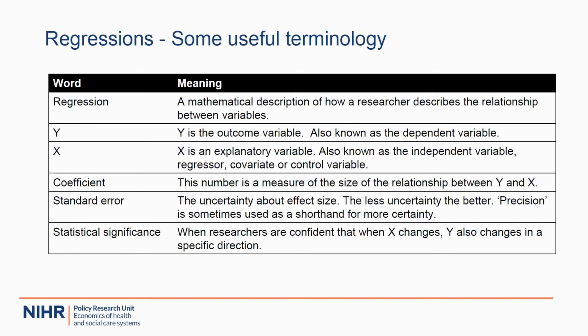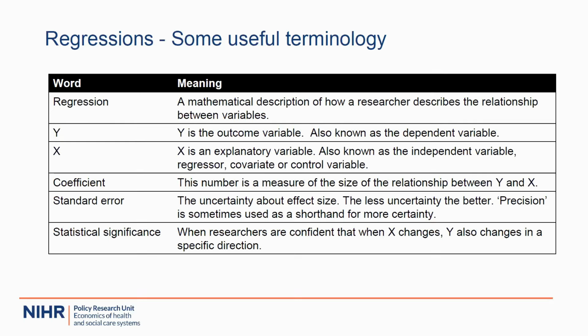It's all the same idea. And there will be multiple X's in any equation as well. There's normally, as we'll go on to discuss, a most important one that the research is aimed at understanding, but there will be others as well.